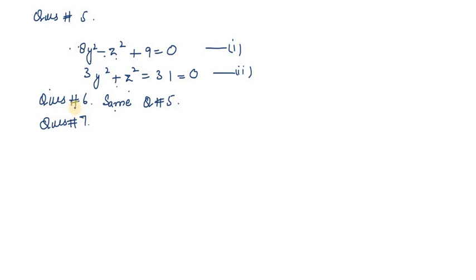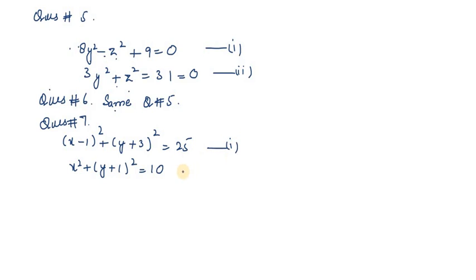In question number 7 we are given that equation number 1 is (x minus 1) whole square plus (y plus 3) whole square is equal to 25, and the other equation is x square plus (y plus 1) whole square is equal to 10. This we call equation number 1 and the other is equation number 2.